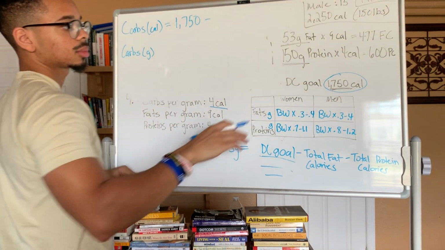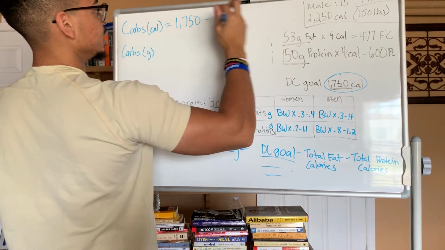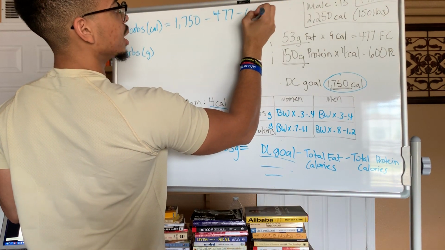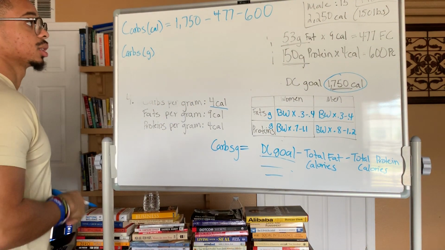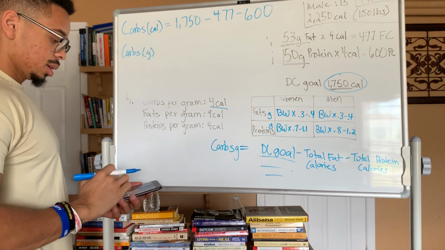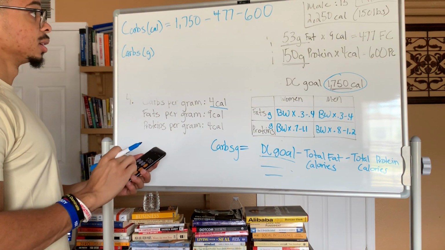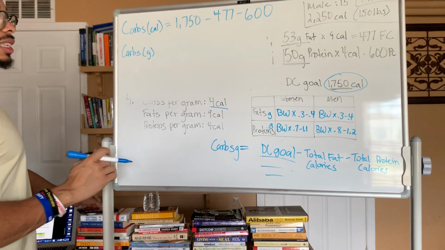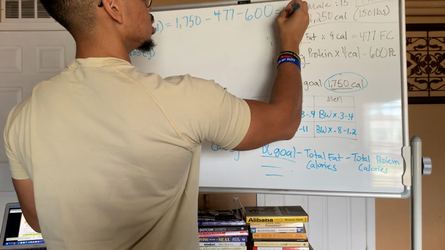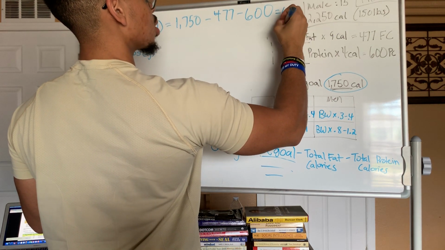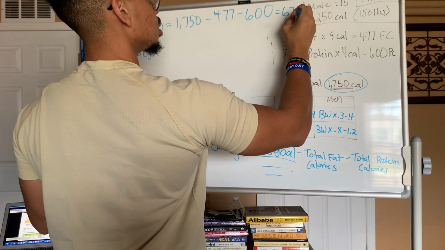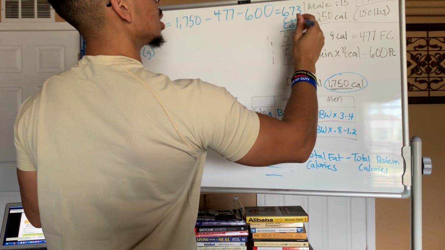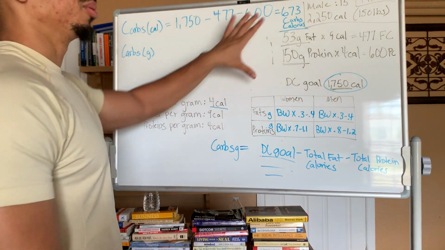Minus total fat calories, which is 477, minus total protein calories, which is 600. Do the math. 1750 minus 477 minus 600 is going to get us 673. And this is going to be his carbs calories, the carbs calories that he would need to consume.